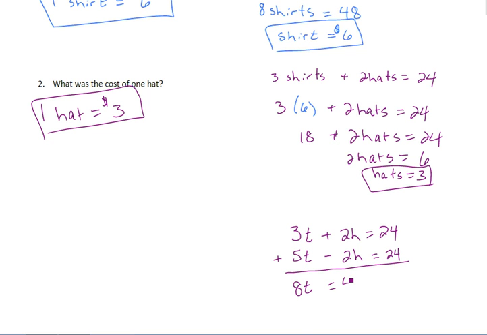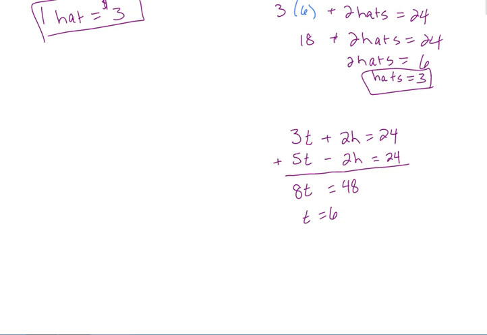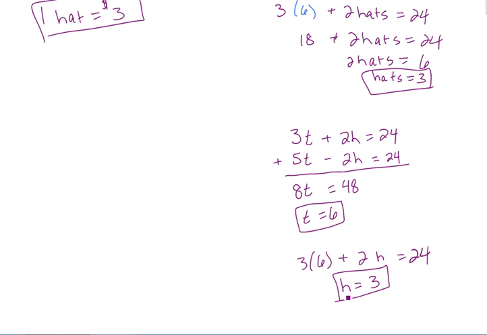Those 8 t-shirts equal $48. So 1 t-shirt equaled the $6. Then I can substitute that in like I did for my hat. And I could say 3 t-shirts of 6 plus the 2 of the hat equals 24. I'm going to get rid of those parentheses because I don't know why I put them in there. And I know that 1 hat equals $3. So strategy number 3 on how to solve a system of equations.